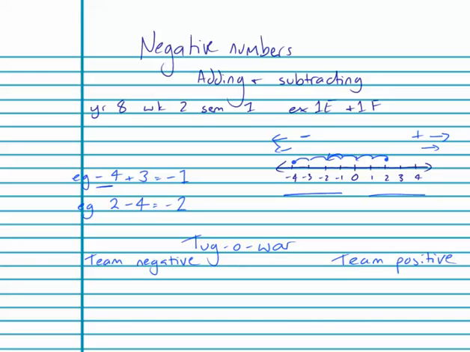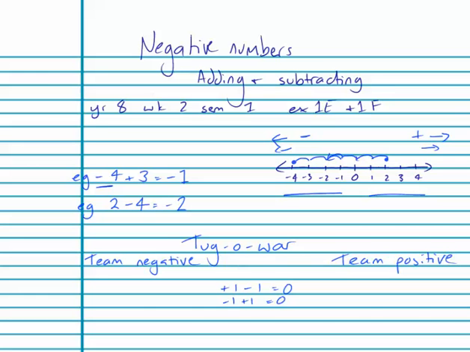So one person on team positive and one person on team negative would cancel out. No one would ever win because they're both of equal strength pulling in opposite directions. And that's kind of like saying +1 minus 1, well, that equals 0. Or the other way we could put it is -1 plus 1 equals 0. So one person on team positive cancels out one person on team negative because they're of equal strength.